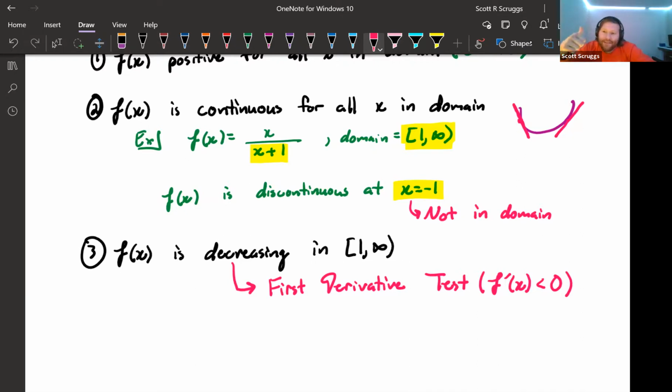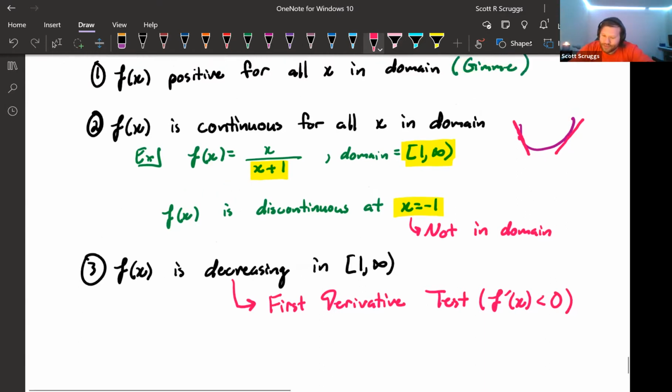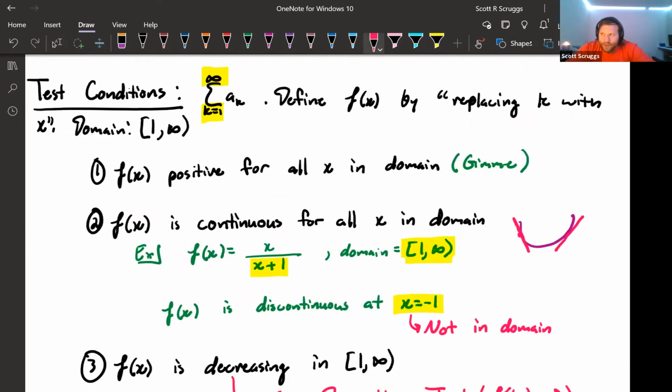If I have that, that tells me that the function is decreasing in my domain. And with that, I'll have condition 1, condition 2, and condition 3. And for me to even use the integral test, I do need to check all 3 of these conditions holding in order to do it.